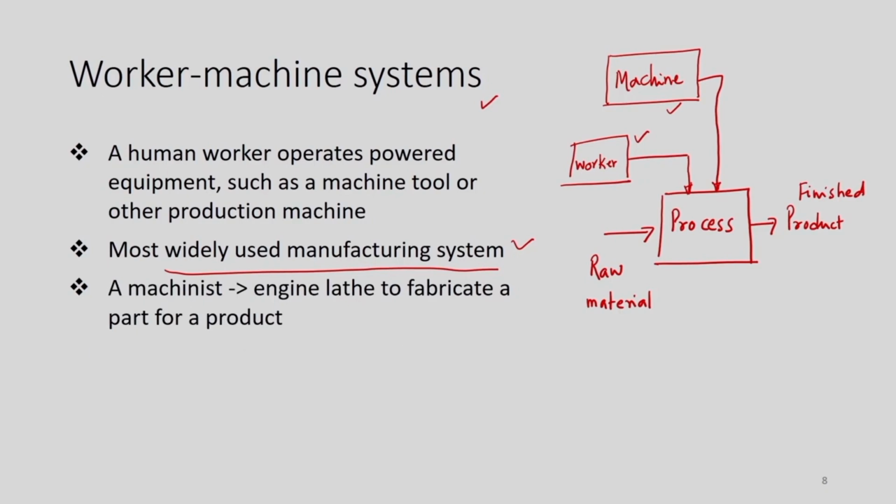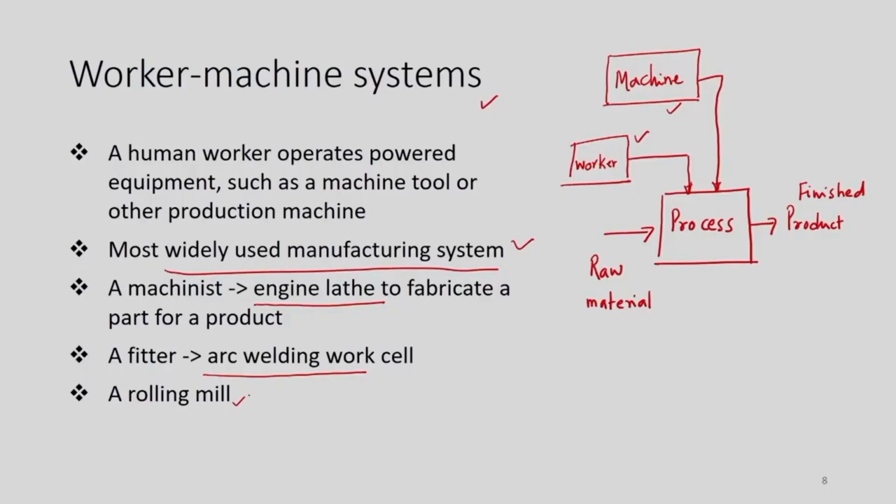Some of the examples are there on the screen: engine lathe or a lathe machine, arc welding machine as well can be considered as a worker machine system. So, the welding, as you know, is a fusion process or a joining process. A rolling mill, so rolling mill is used to reduce the thickness of the metal sheets.